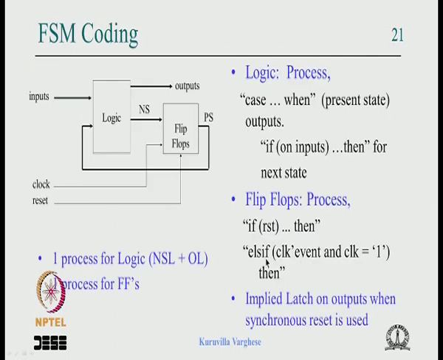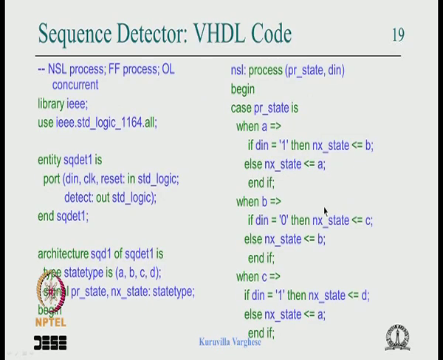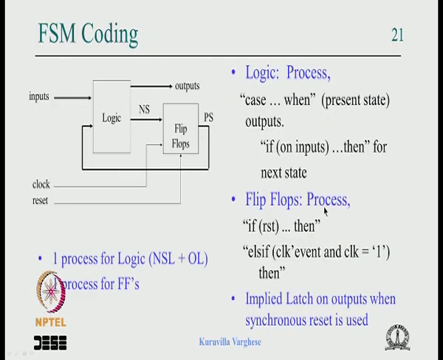So that is it, and now we look at this kind of scenario where the next state logic and output logic are combined together. So it is simple, like we say here case present state is, and you say when A at the beginning we say what is the output, detect is 0 without if, and we say if condition and you repeat it, and that's the idea. So that is what we are going to see.